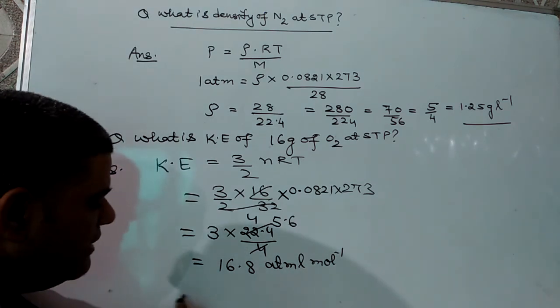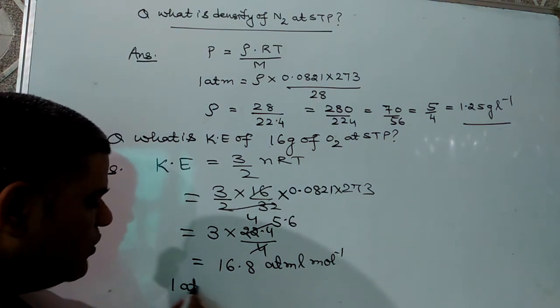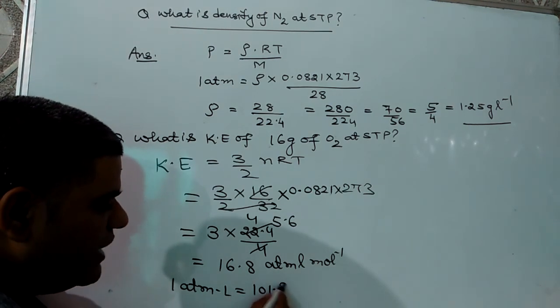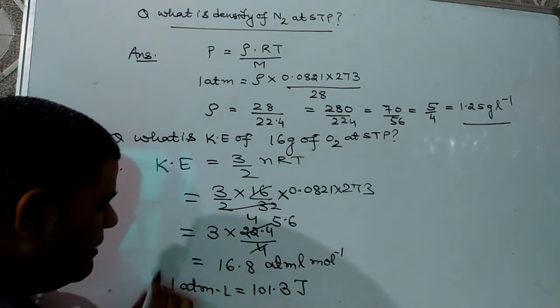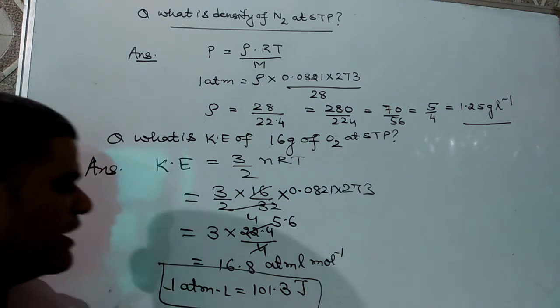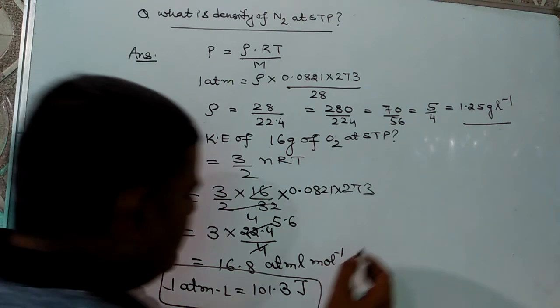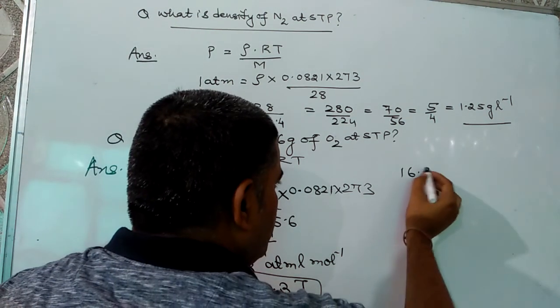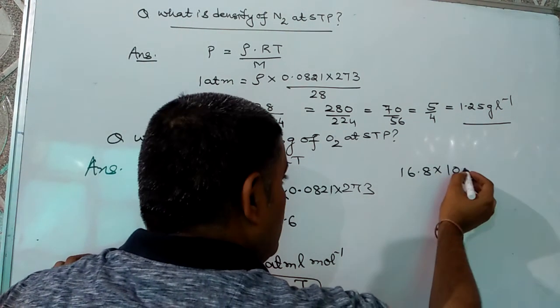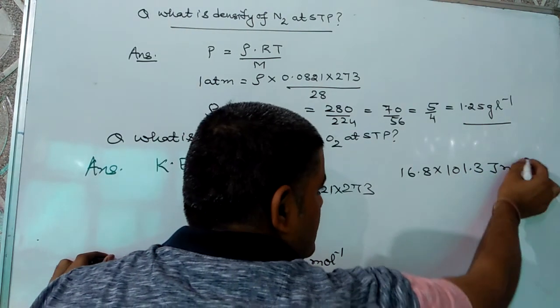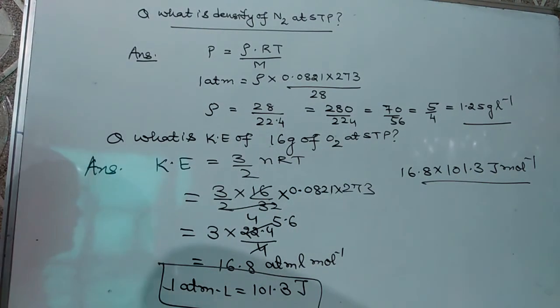Now we can convert it into joule because 1 atmosphere liter is equal to 101.3 joule, keep it in mind. Putting this value, it comes out to be 16.8 into 101.3 joule per mole. I hope you understand.